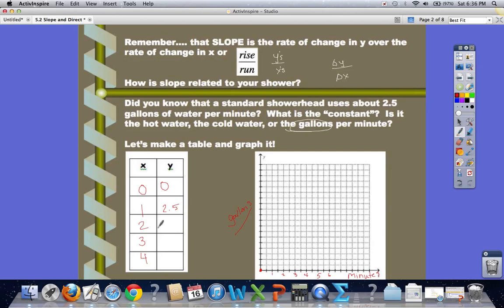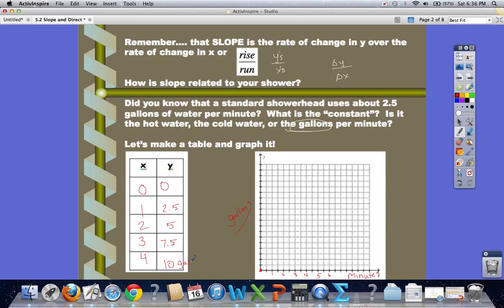So at 2 minutes, what would it be? That's right, you just multiply 2.5 times 2 because it's been 2 minutes. That makes 5. Then you add 2.5 more to that, and we get 7.5. Add 2.5 more to that, and you will get 10. So after 4 minutes, you've used 10 gallons of water.